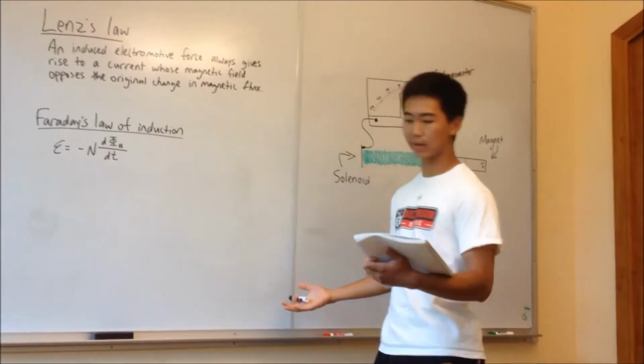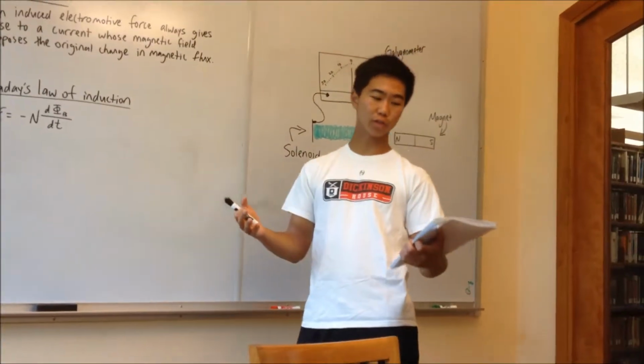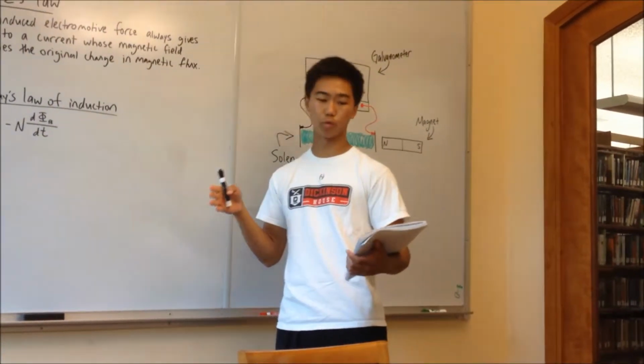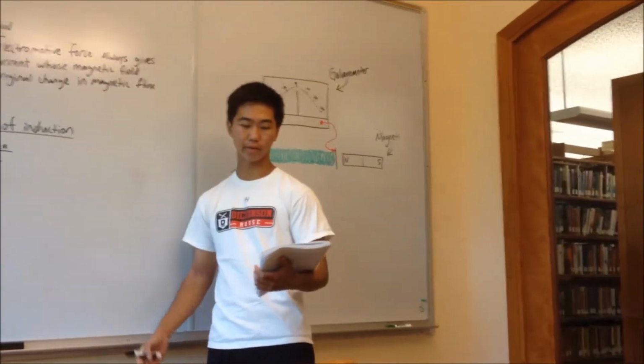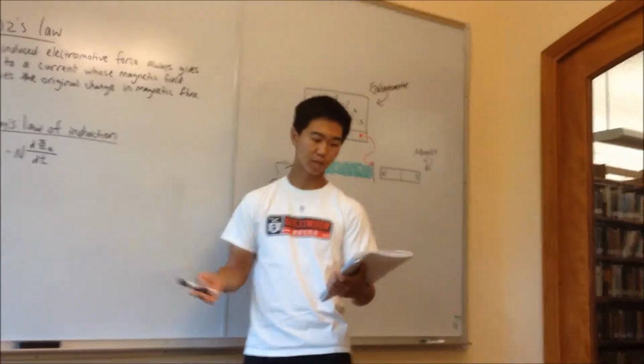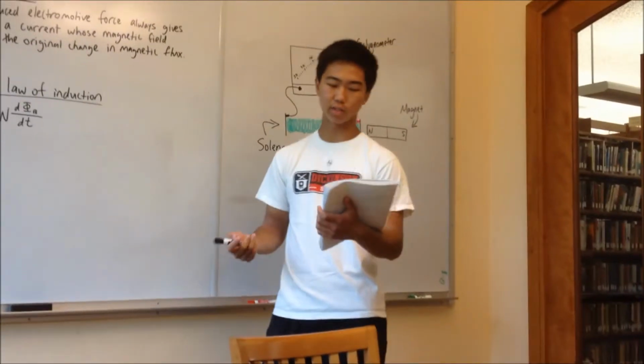So what exactly is magnetic flux? If you recall, flux is just the amount of something moving through a given surface. So magnetic flux is the amount of a magnetic field going through a surface. The easiest way to visualize this is this way.